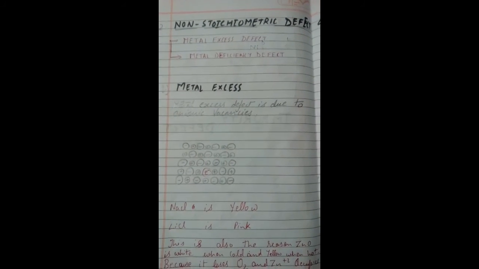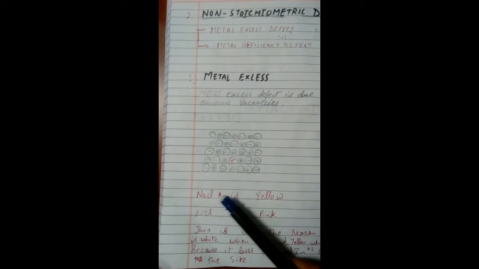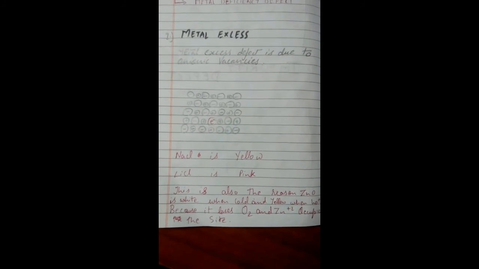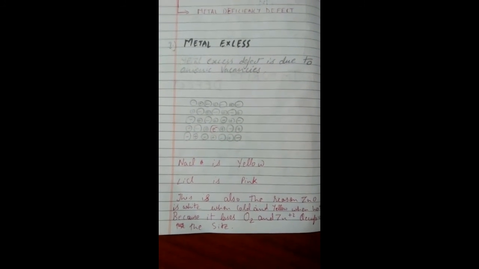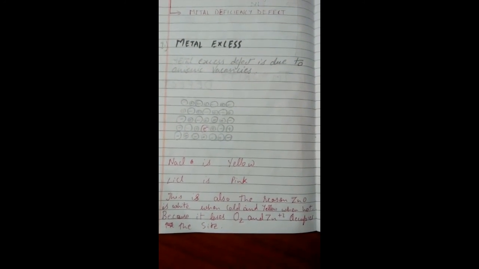The sites occupied by unpaired electrons are called F centers. The more F centers, the more the intensity of color, like NaCl is yellow, LiCl is pink. This is also the reason ZnO is white when cold and yellow when hot, because it loses O2 and Zn2+ occupies the site.